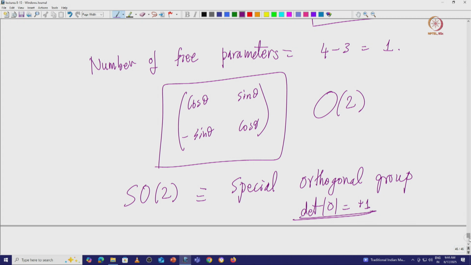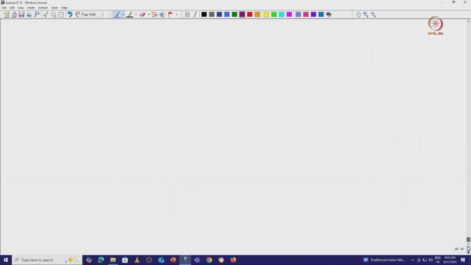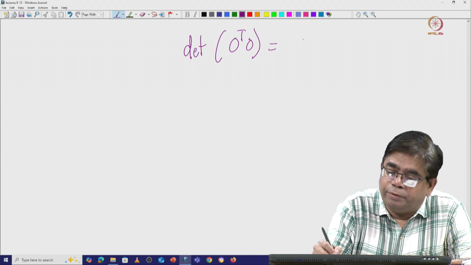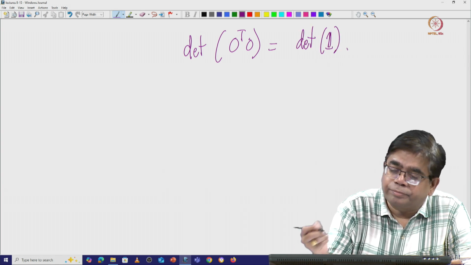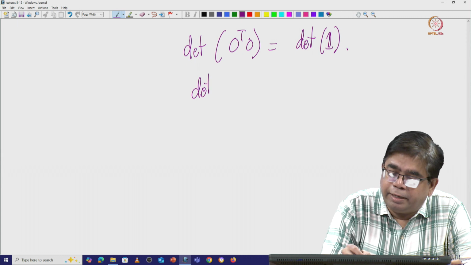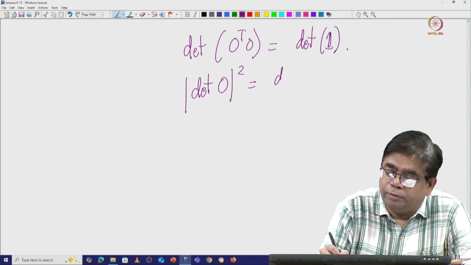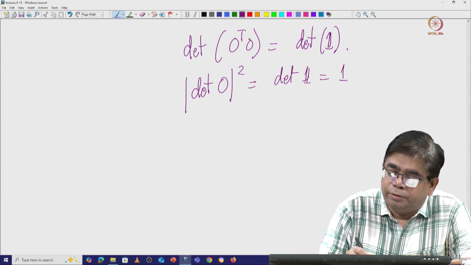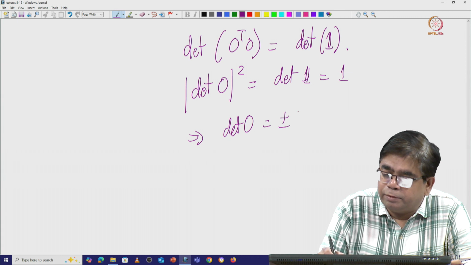Both are possible. Now, how do you see this? You see it from the same relation. If you take the determinant of O transpose O, it is equal to the determinant of 1. So, det O whole square is equal to det 1, which is equal to 1. So, this means det of O is equal to plus or minus 1.